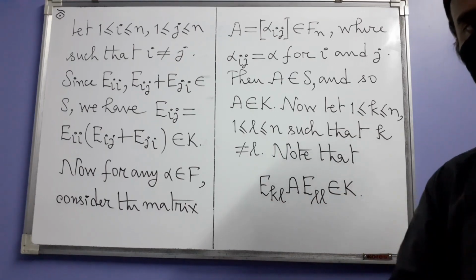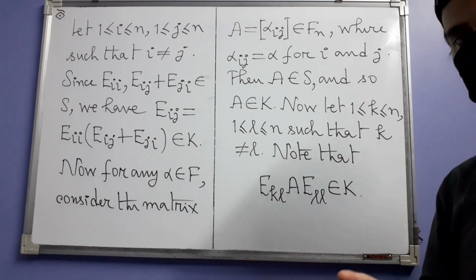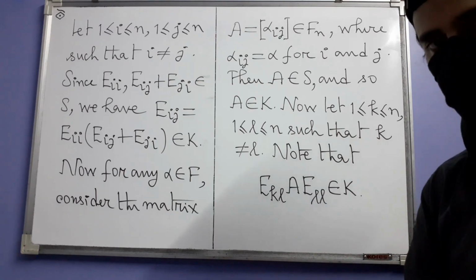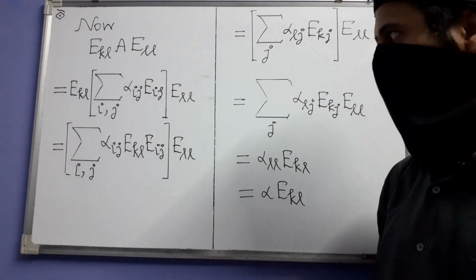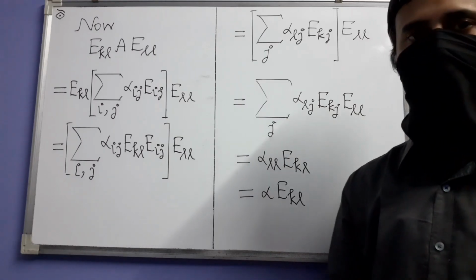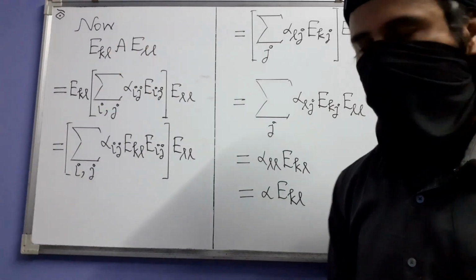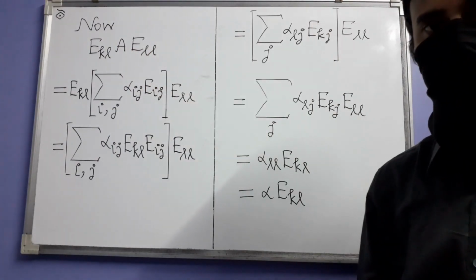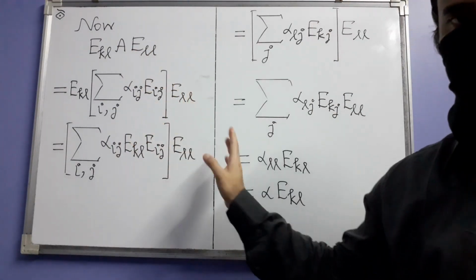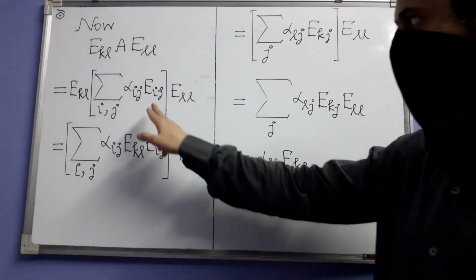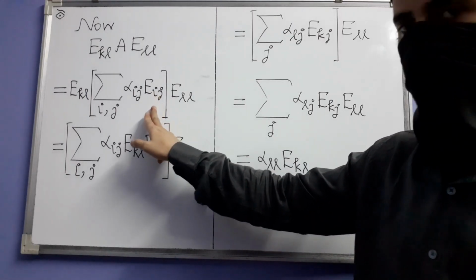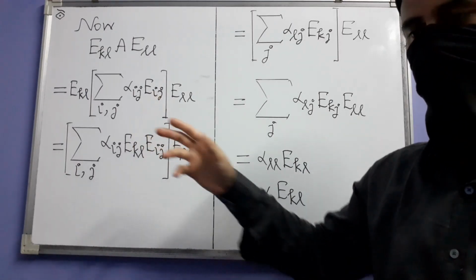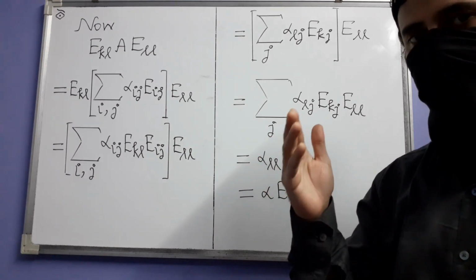Now let us calculate this product. Let's see ultimately what matrix it turns out to be. So we start the calculation. EKL times A times ELL. Do not get afraid by looking at these expressions, okay? Let us recall that these matrices Eij form a basis of the vector space Fn.